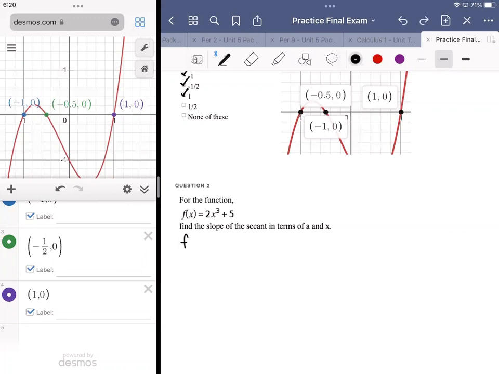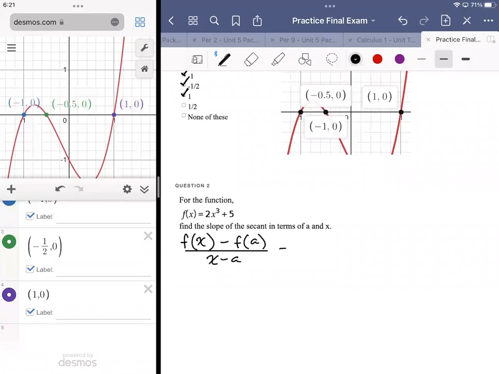There's a couple of different variations of this. We'll use this one, it's a little easier. There's one where it's f of x plus a, but this one's a little bit nicer.